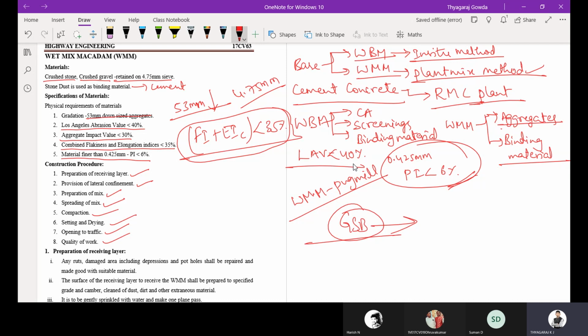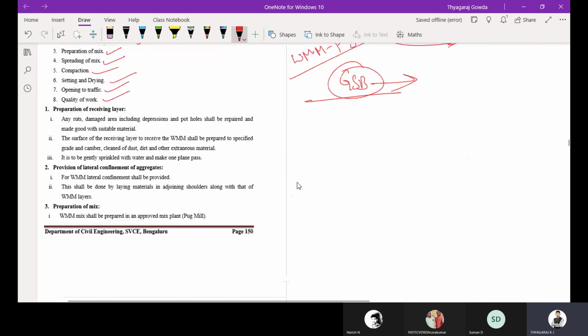So you rectify the GSB layer. Any ruts or damaged areas, including depressions and potholes, shall be repaired with suitable material. If there is any loss of material, you rectify it. Then the surface of the receiving layer is prepared with suitable grade and camber.